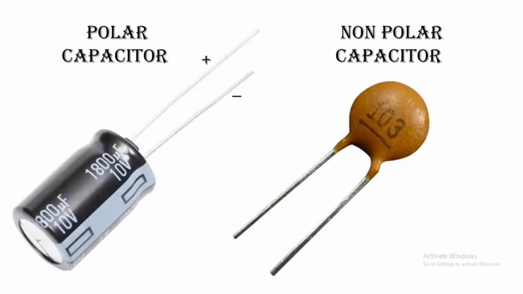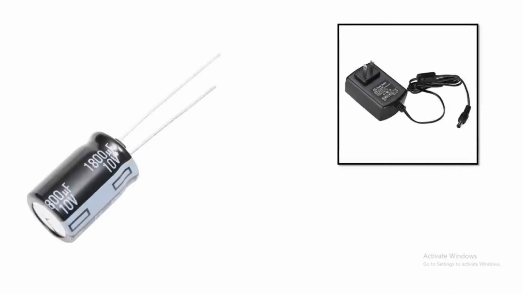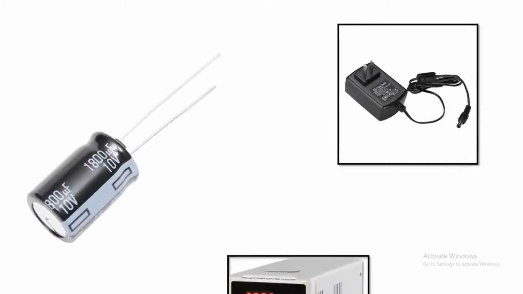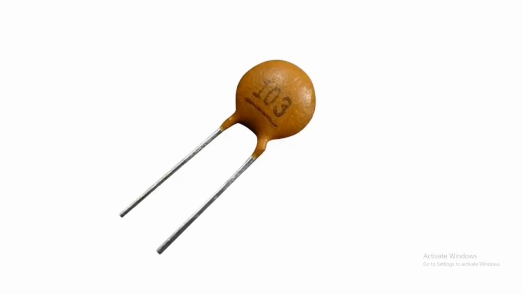Both work in the same way, both store charges. Polar capacitors are used in power supply chargers, adapters or high power supplies for filtration to purify AC current into DC current, while the ceramic capacitor is used in signal filtration or purification.